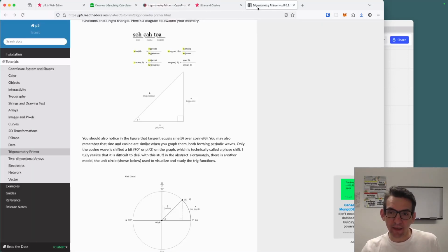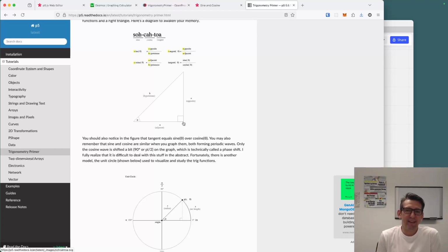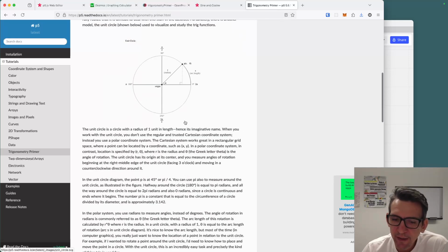If it's 1, that simply means that the length of the opposite divided by 1 is just going to be the length of the opposite. That's all that is. So that's why it's so easy to assume that it's 1 of something. And then sine is just the length of the opposite. And if hypotenuse is 1, again, adjacent divided by 1 is just adjacent, and then cosine is just equal to adjacent.